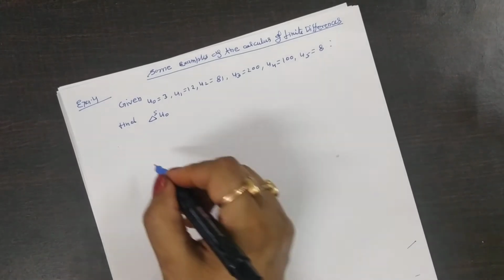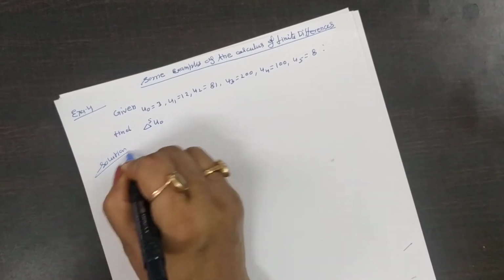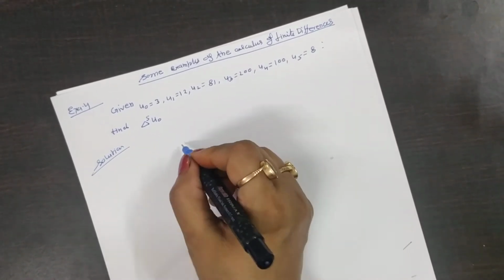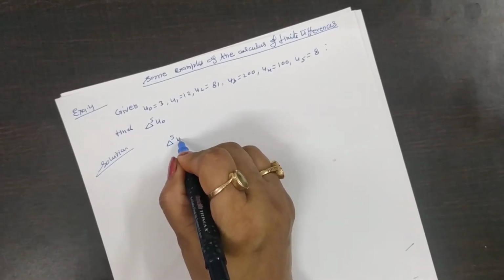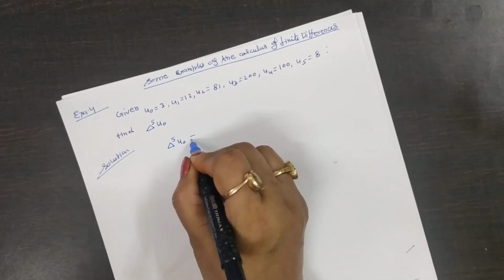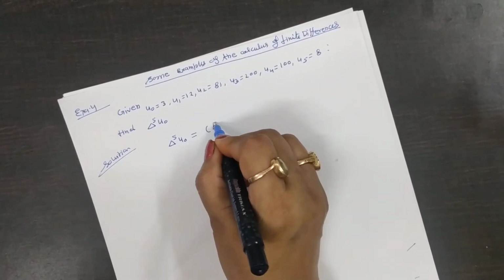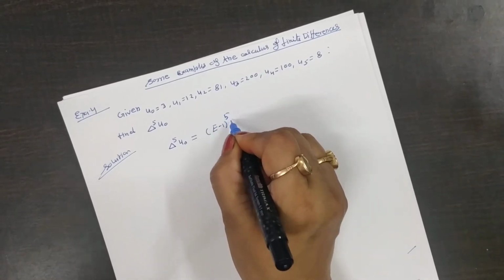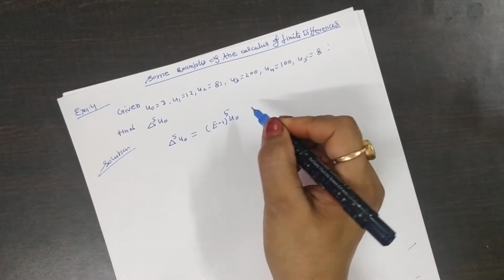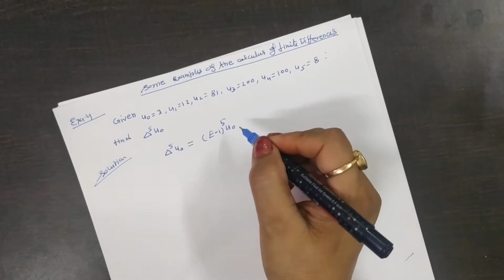Okay, here the solution of this can be taken as in the earlier video. I have also obtained some problems of delta. So delta to the power 5 u0. From the earlier, delta can be written as E minus 1. So (E minus 1) to the power 5 u0. Now you expand, write down the form of E minus 1 to the power 5.